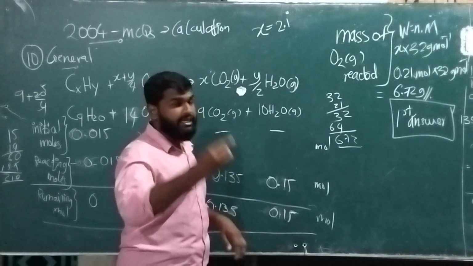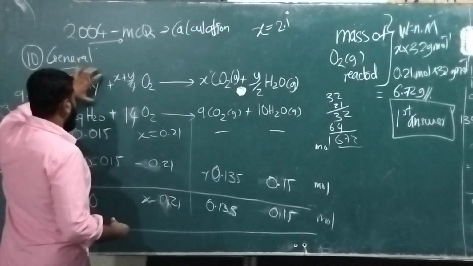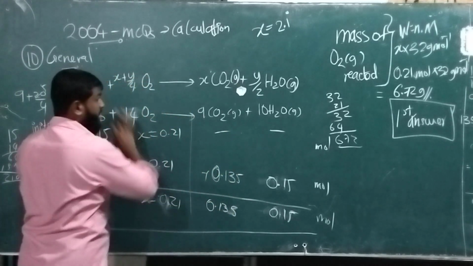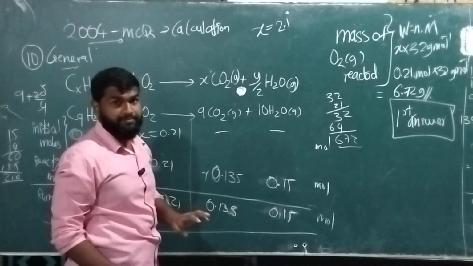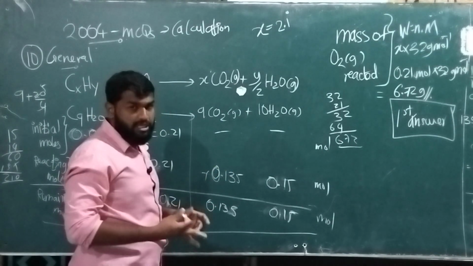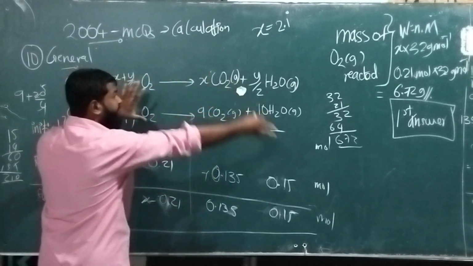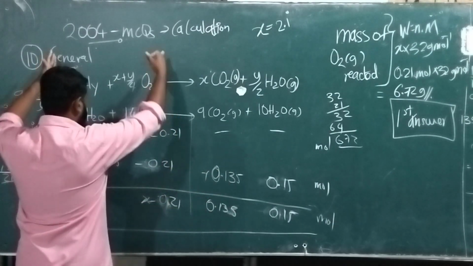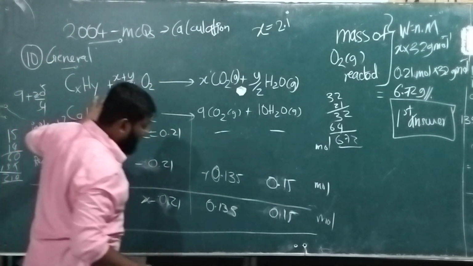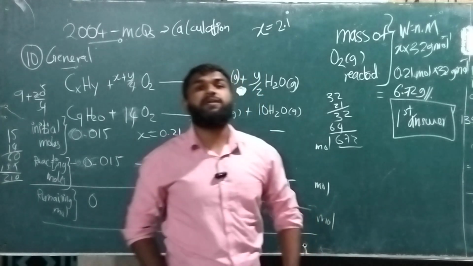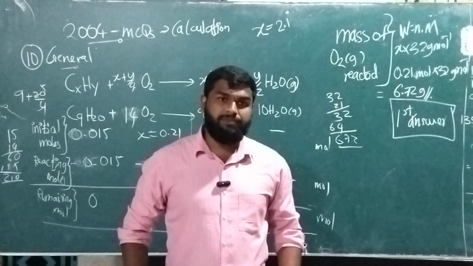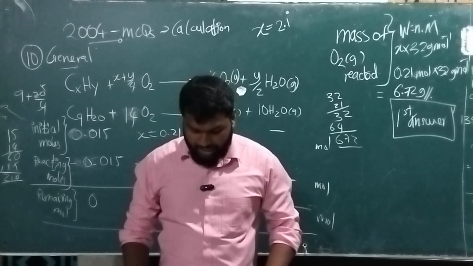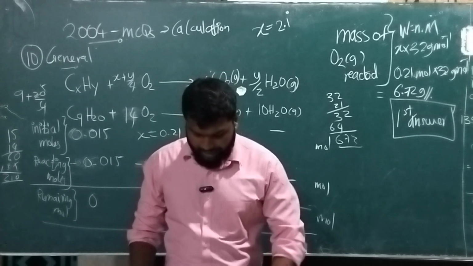So you have to get an idea that both the hydrocarbon and the oxygen have been completely used up. If any remained, they should mention it here. Otherwise, you can't do this sum, and you can't get the first answer itself. That would obviously be a different case. So here we have to consider that the hydrocarbon and the oxygen gas have been used up in the same situation. That is the idea that you have to get here, right?